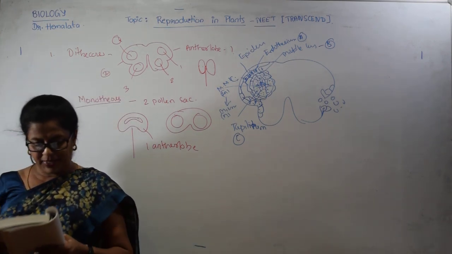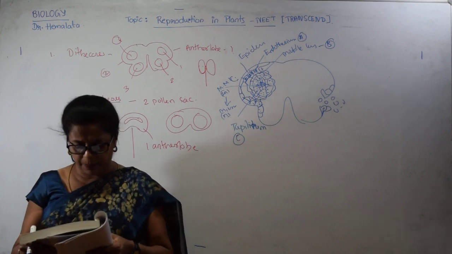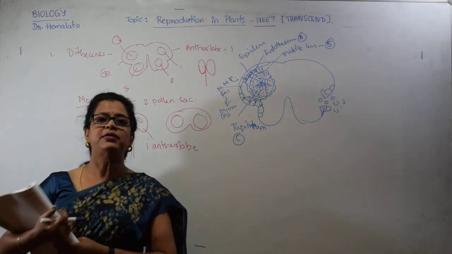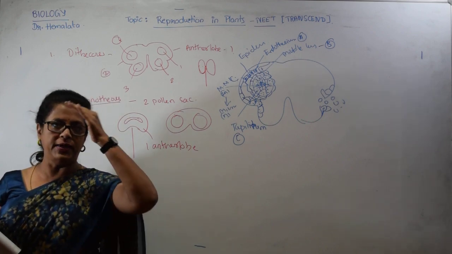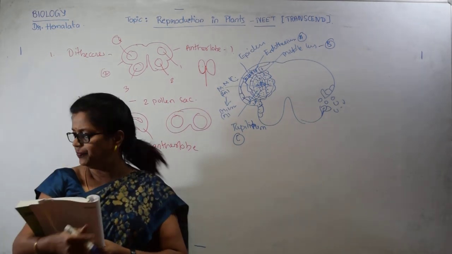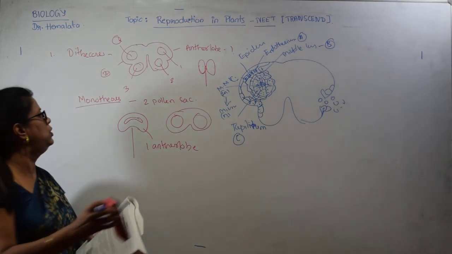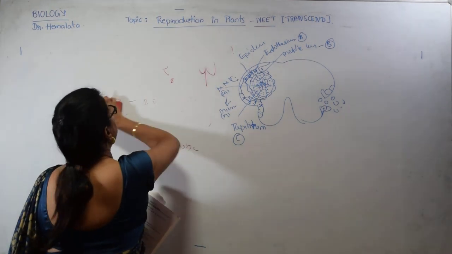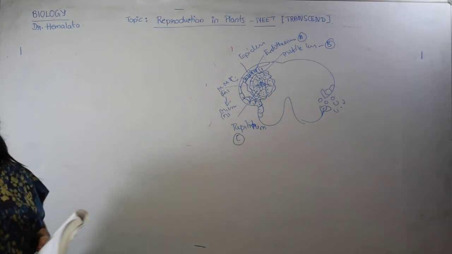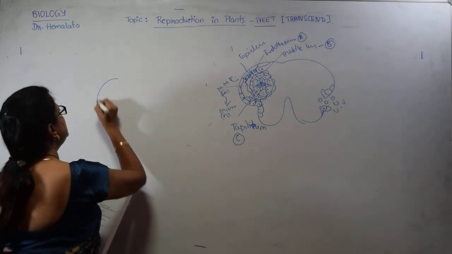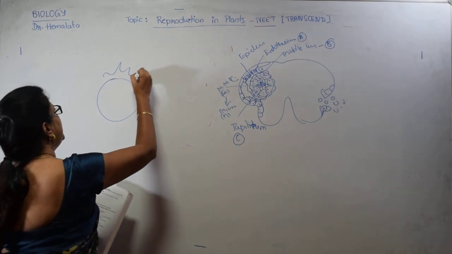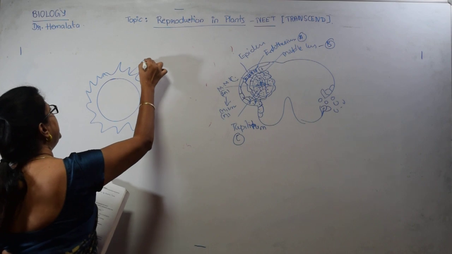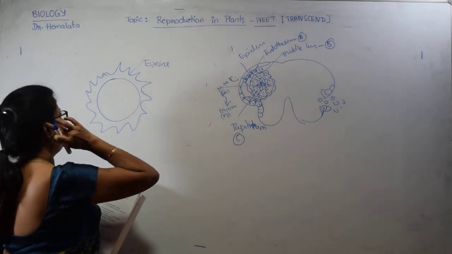Next, inner intine is pectocellulosic in nature. What is pectocellulosic? It contains cellulose plus pectin. The inner intine, I told you, is a thin layer. So if you draw the structure of a single pollen grain, it will have an outer designed, highly sculptured or spiny exine. This is exine made up of sporopollenin.